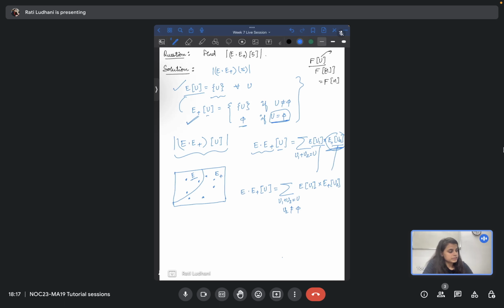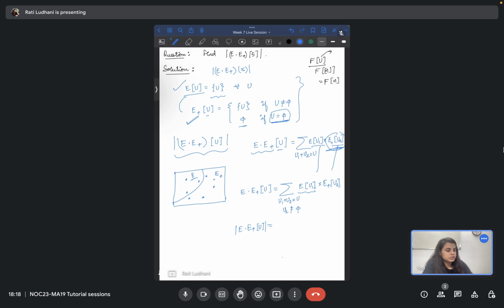Now consider this. You have EU1 cross E plus U2. Now what is EU1? We are interested in the cardinality, so let's see what the cardinality will be.